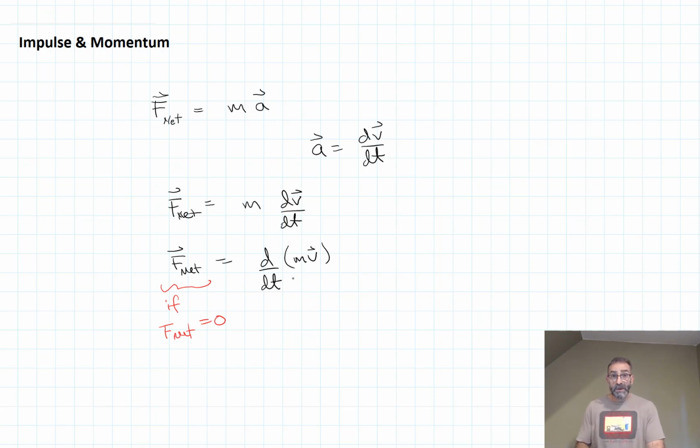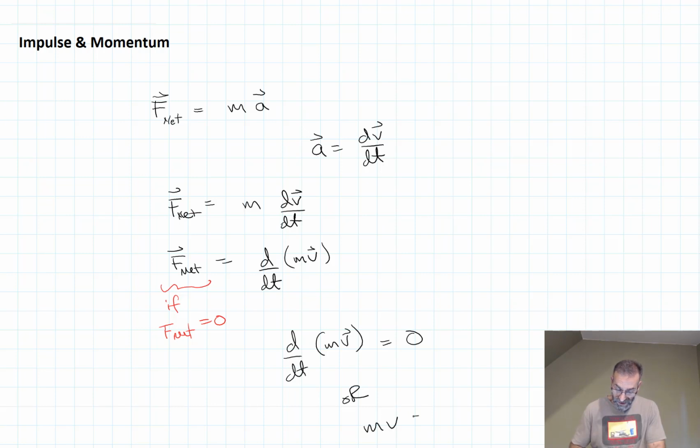Well, if the net force is 0, we have a time rate of change of mv equals 0. Or another way of writing that is m times v is a constant. It does not change in time.